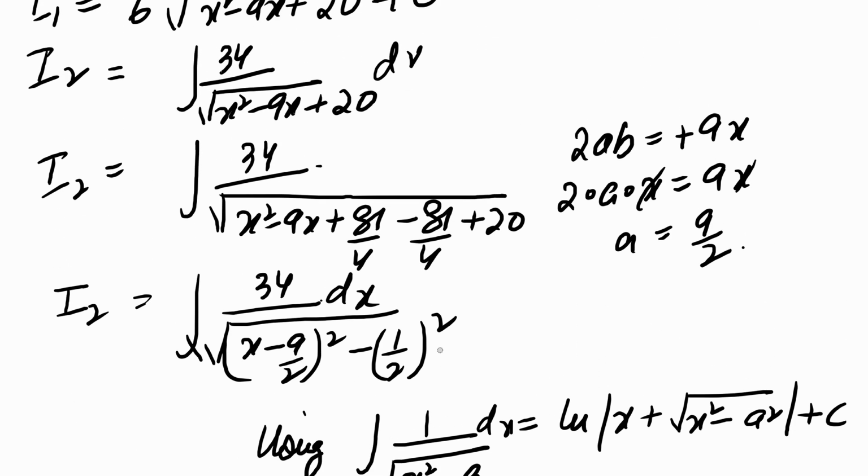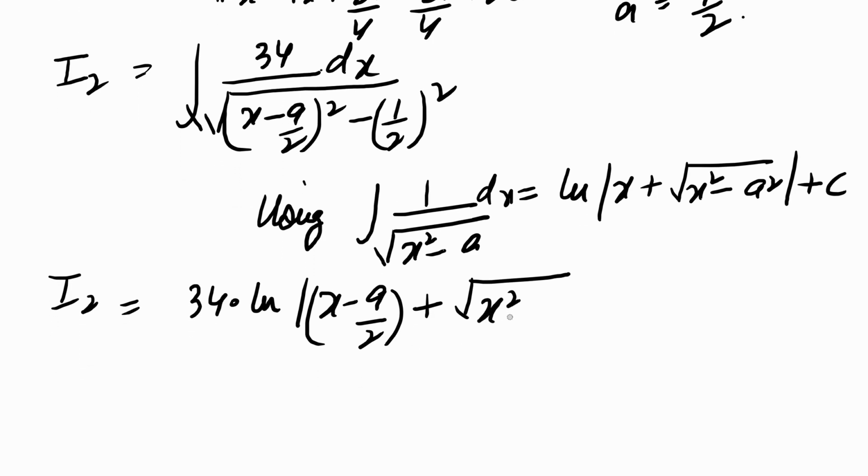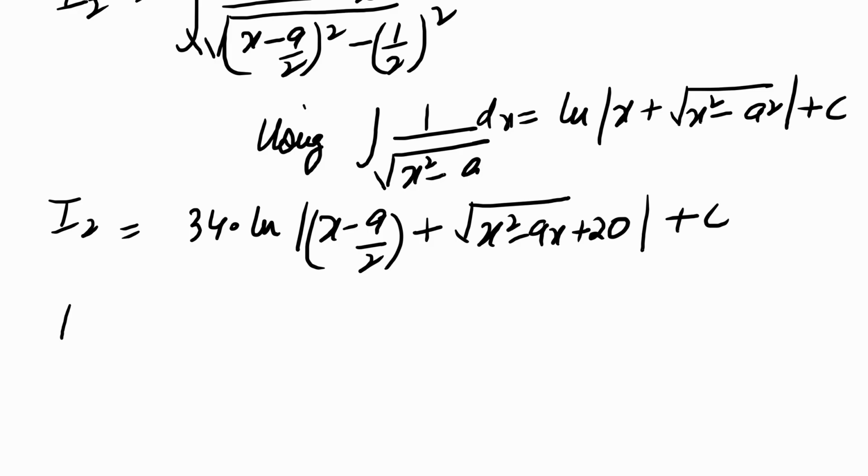Now the whole thing is x square minus 9x plus 20, x square minus 9x plus 20 plus c. Okay. This is I2. Now what is I? I is equal to I1 plus I2.